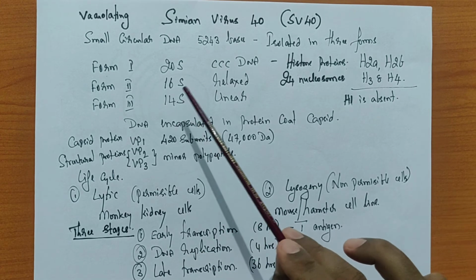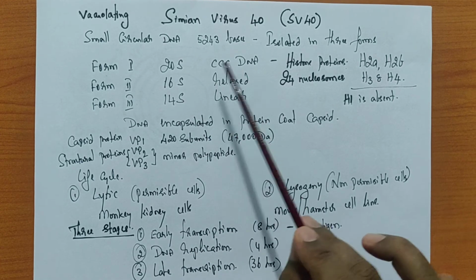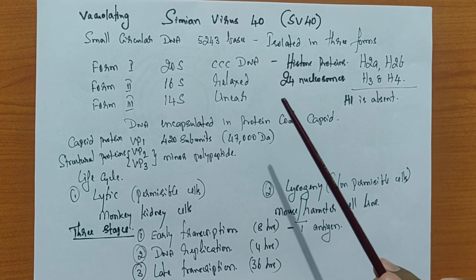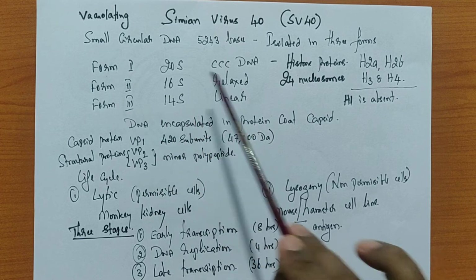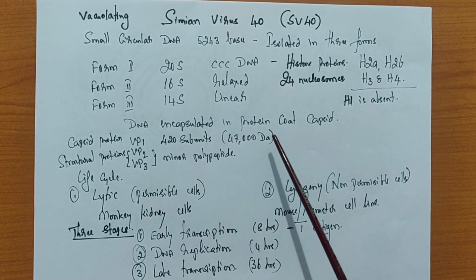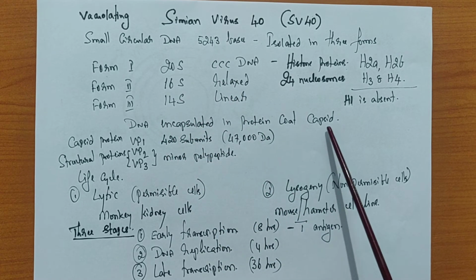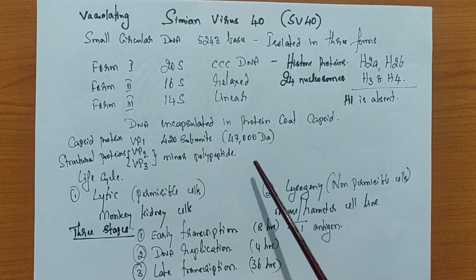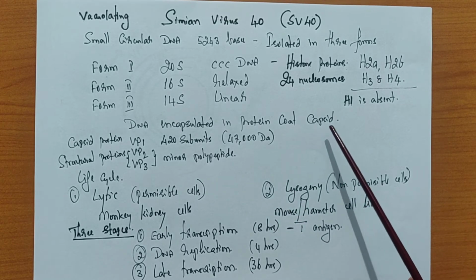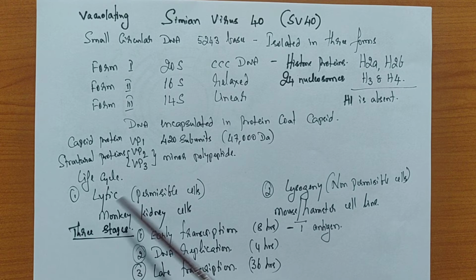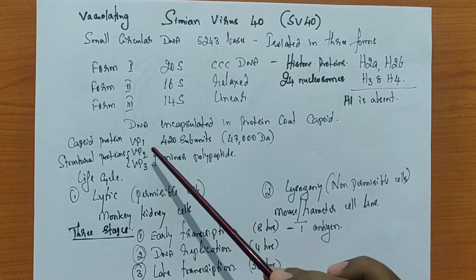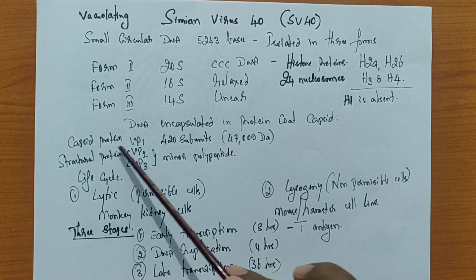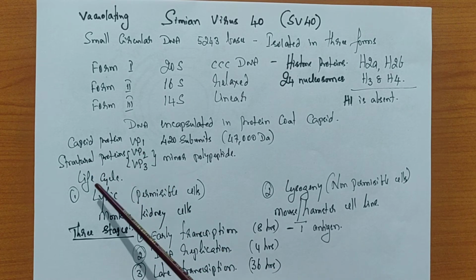Now this genetic material is encapsulated in a coat protein. The DNA, the genetic material of SV40, is encapsulated in a protein coat called a capsid. If you characterize these capsid proteins, we majorly find three proteins. The major one is the capsid protein called VP1.